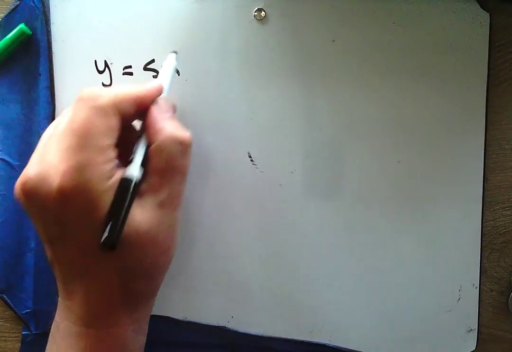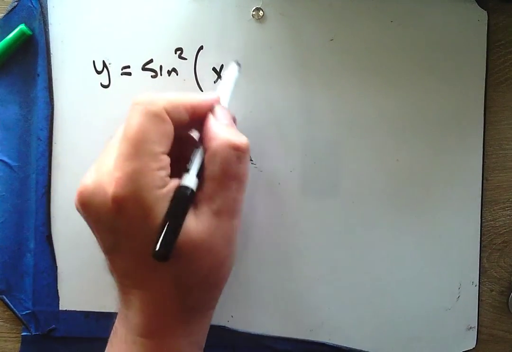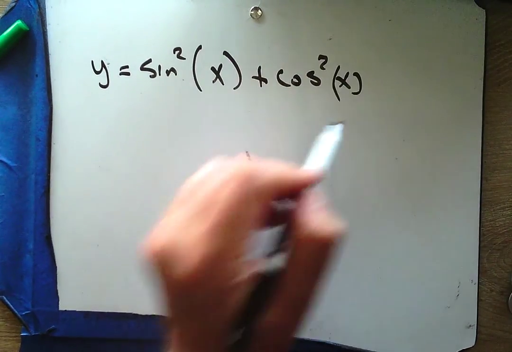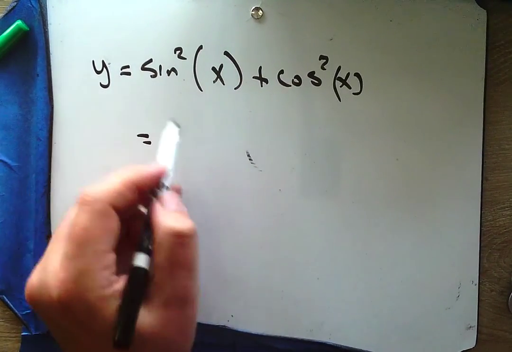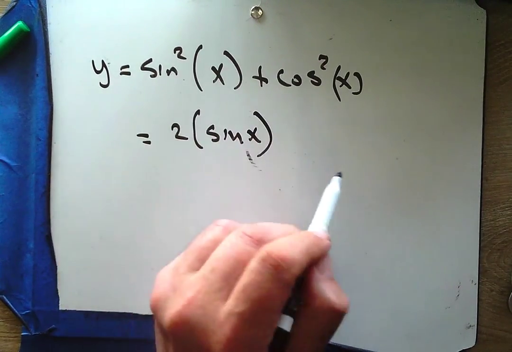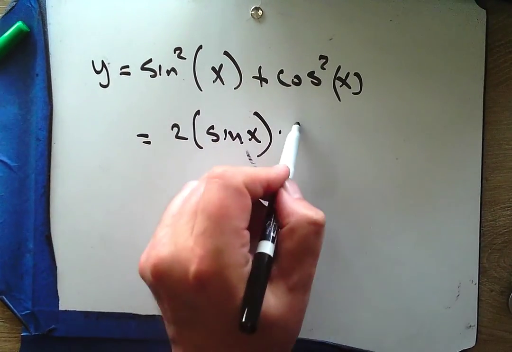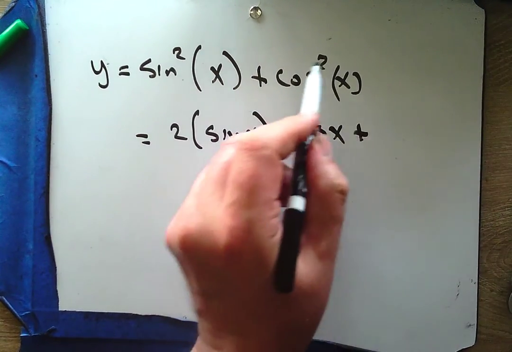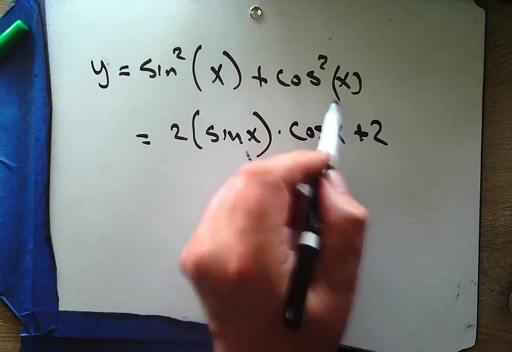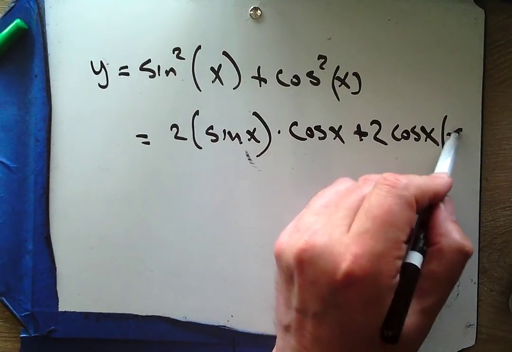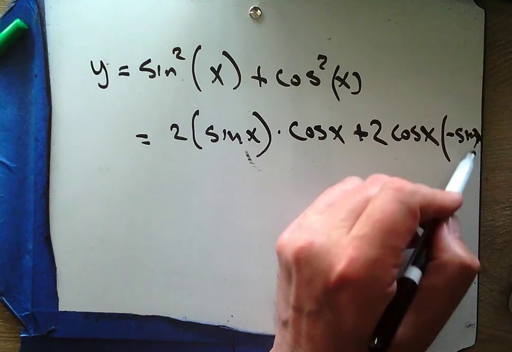Oh, so, you know, you could do this the long way, where you say, oh, I better use the power rule, leave the inside alone, times the derivative of that inside sine function, and then over here, bring that 2 down, leave the cosine alone, times the derivative of cosine, which is minus sine.